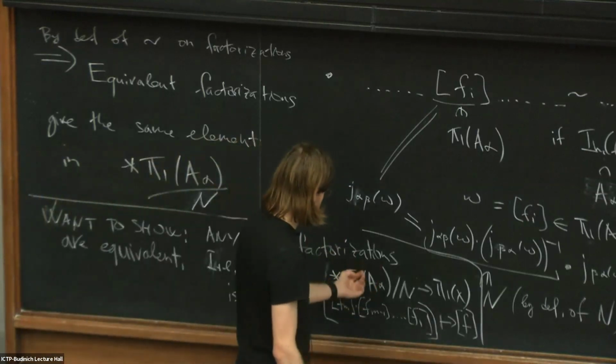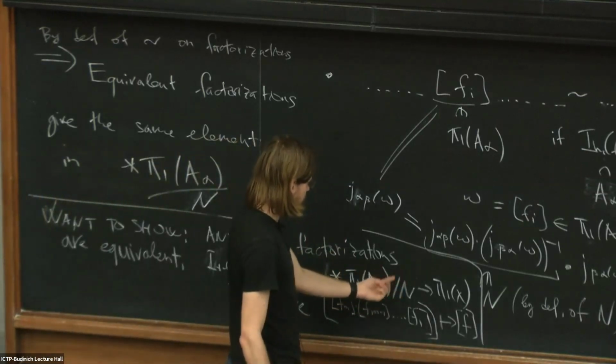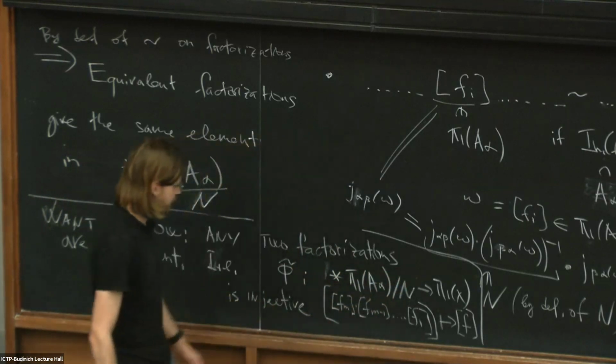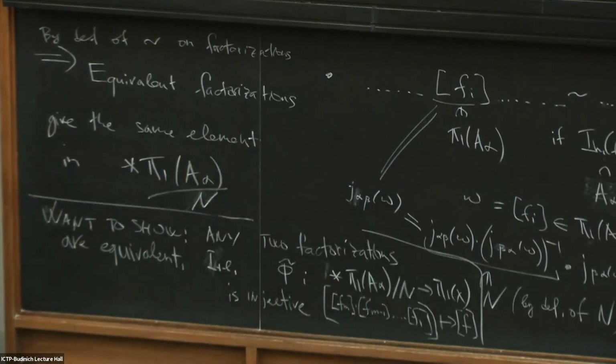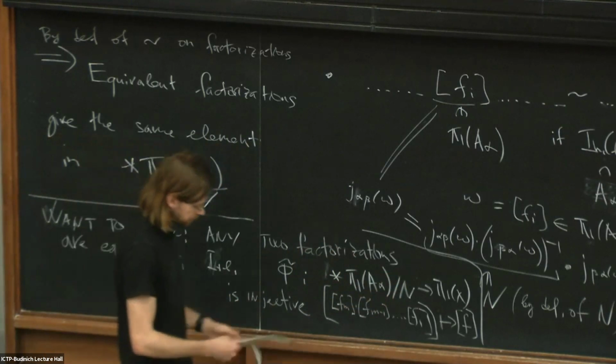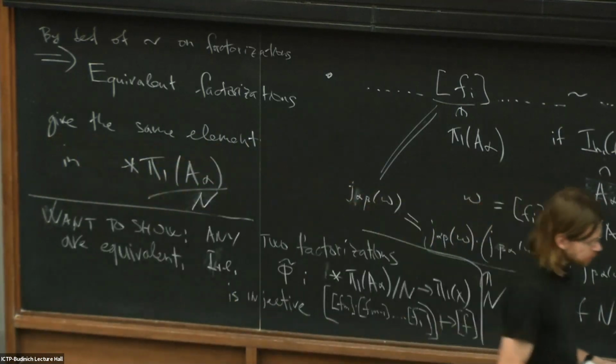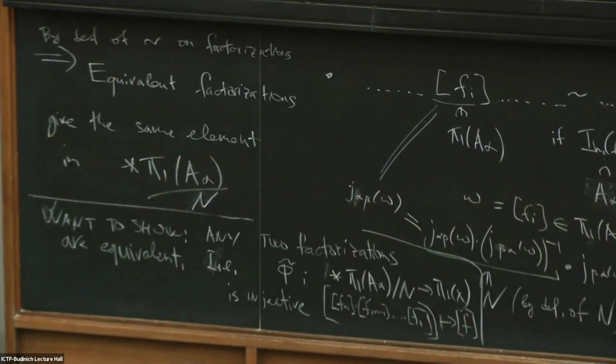Because if the kernel was larger than N, then this wouldn't be injective; it would have some non-trivial kernel. Any questions so far?